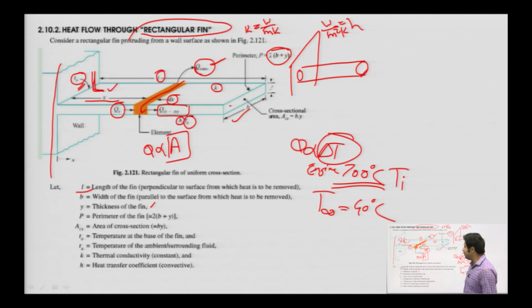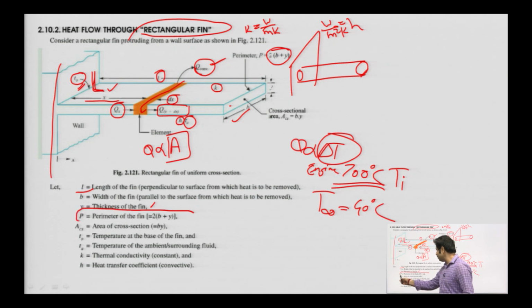The perimeter is required because the heat is actually coming out of the perimetrical surface. So the perimeter of the fin is twice the breadth plus the thickness, as I have already told you. Now the cross-sectional area is B times Y, the breadth into the thickness.